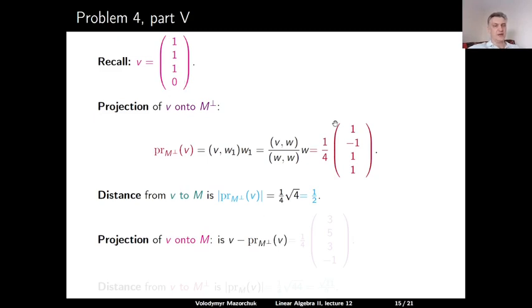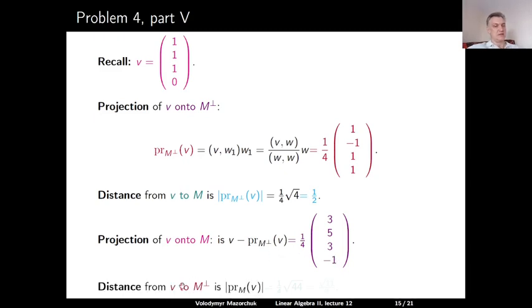So we can take V and subtract this thing, and we will get 1 divided by 4 times 4 minus 1 is 3, 4 plus 1 is 5, 4 minus 1 is 3, and then 0 minus 1 is minus 1. So the projection of V onto M is 1 divided by 4 times the vector 3, 5, 3, minus 1.